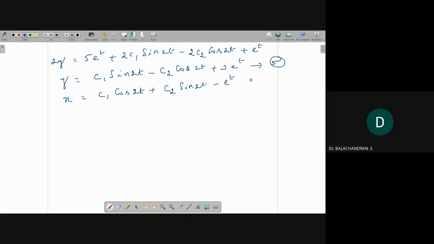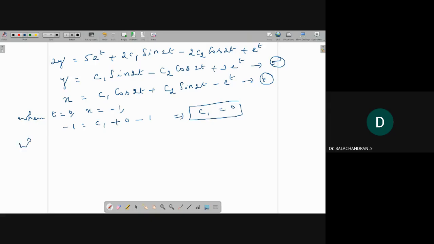This is equation 4. Now I'm going to use the condition: when t equal to 0, x is equal to minus 1. So minus 1 equal to c1, since cos 0 is 1, sin 0 is 0, minus e power 0 is 1. So this implies c1 equal to 0.